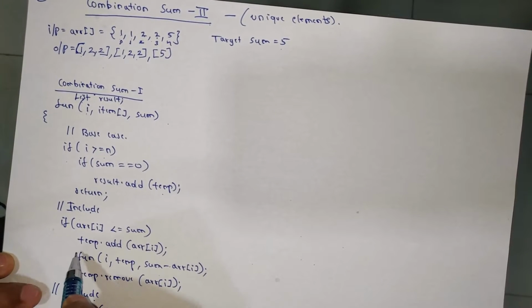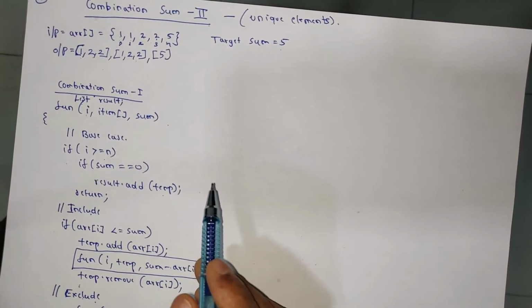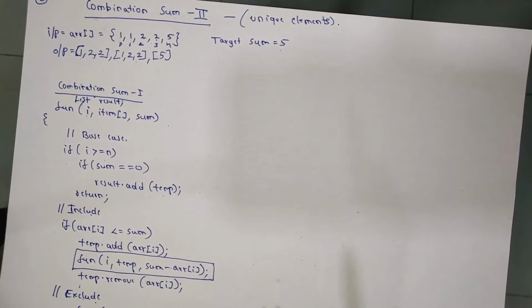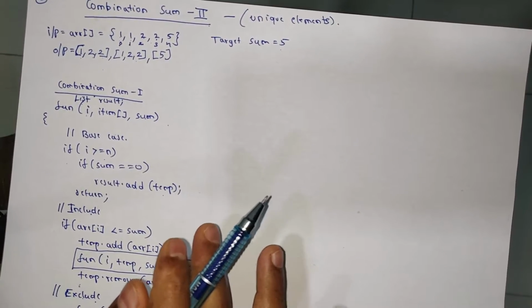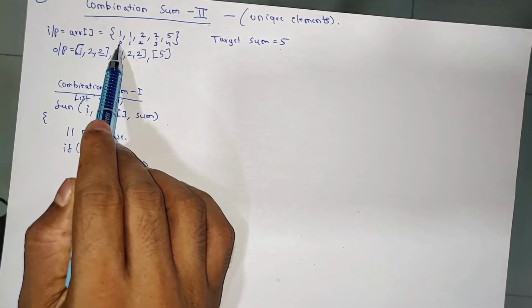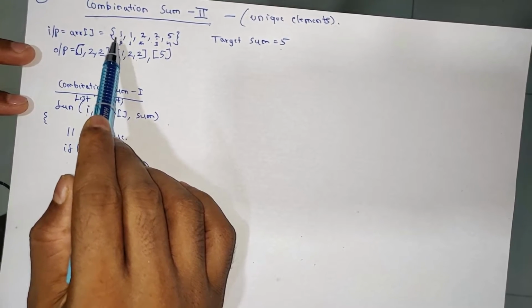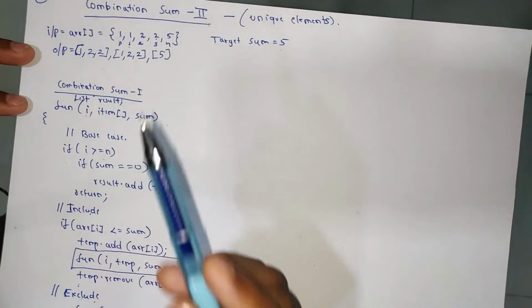So this is the place where we need to make changes. The only difference between the last problem and this problem is that in the last problem we were allowed to take multiple instances of the same element, whereas in this problem we are not allowed to. If I am including the element that is located at position 0, I can't take this element again. I have to move my pointer ahead to the 1, right?